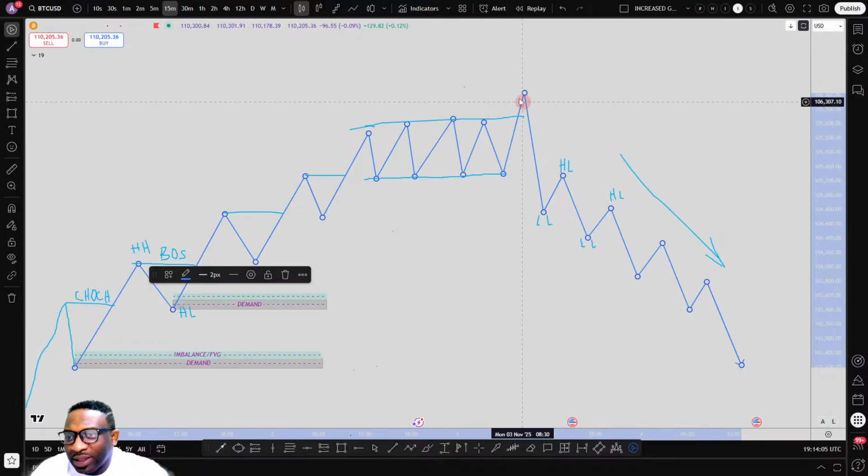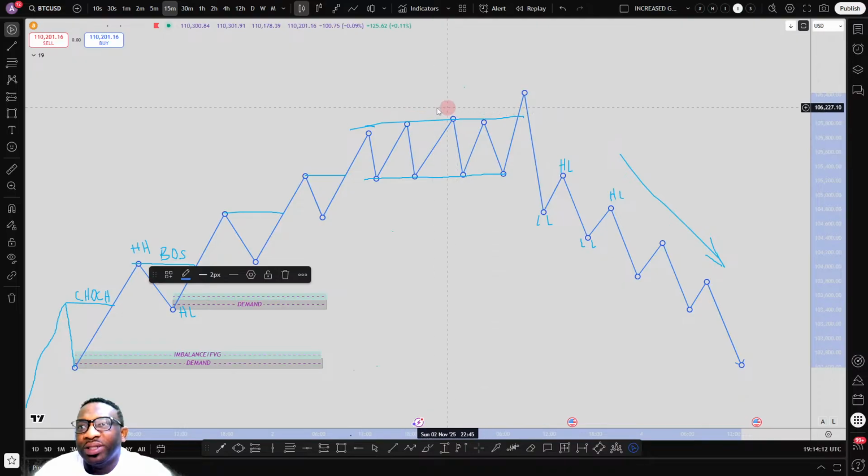This example shows that it purposely came to clear the liquidity resting above here.